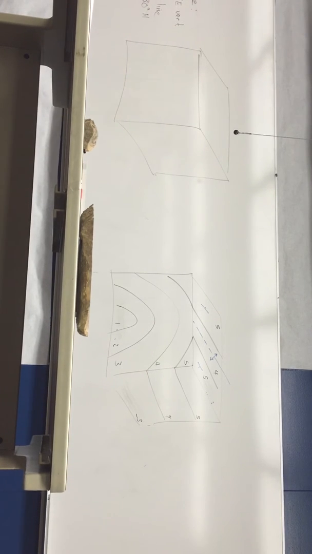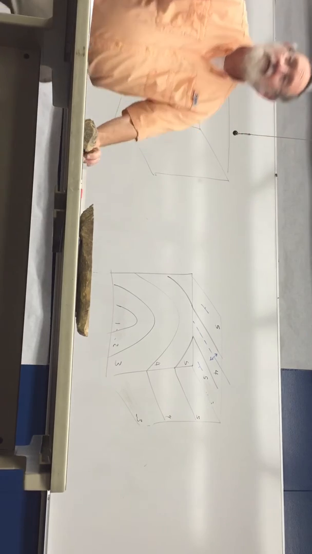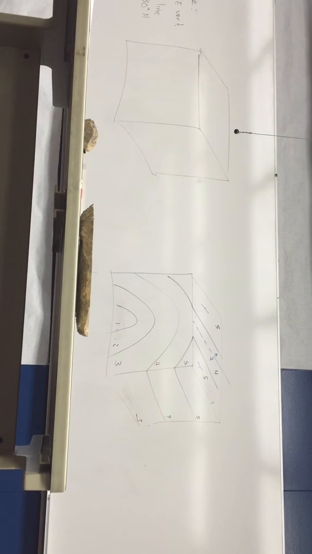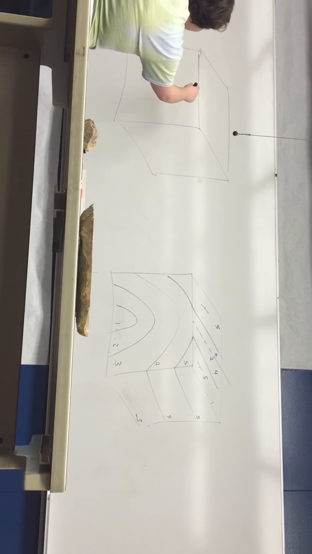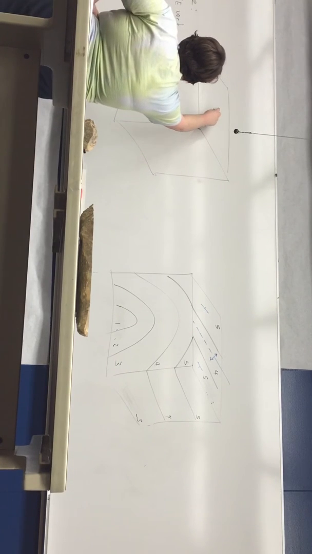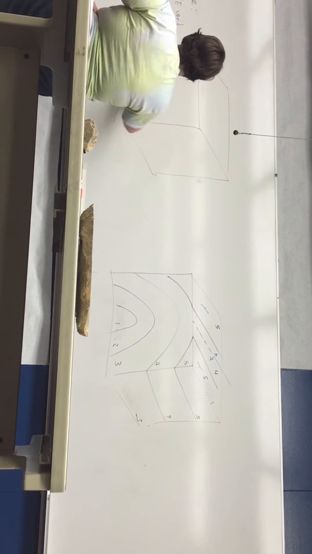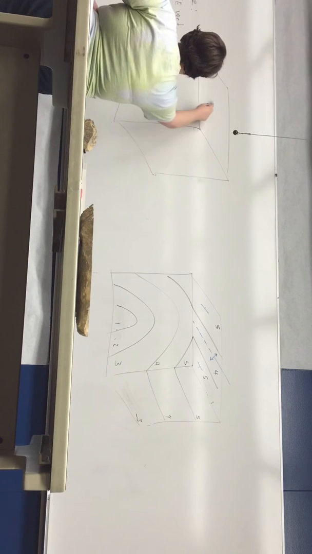Okay, so, Angelina, thank you for volunteering. I didn't volunteer. Oh, I thought you did. So, what is it going to look like? Help her out. Tell her what this should look like. So we know the hinge line's going to be coming basically straight through here.